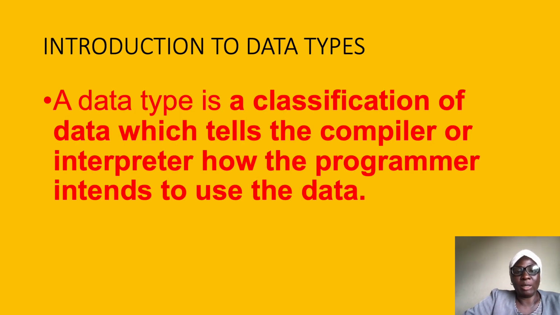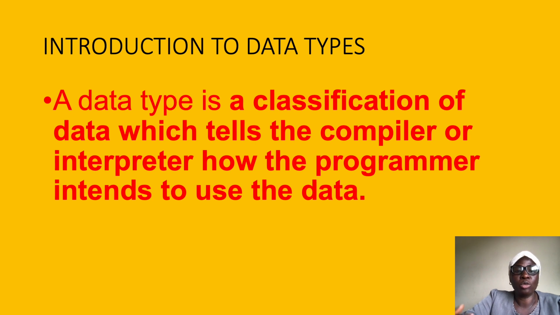Now, what are data types? Data types has to do with classification of data that will instruct your compiler or interpreter how the programmer intends to use the data. Like I said earlier, we have various data types, and in your programming, you use your variables.